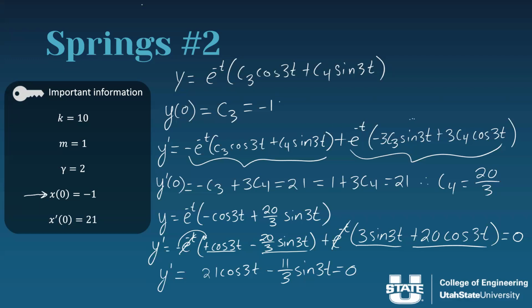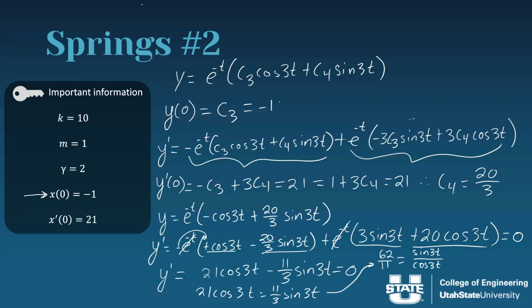So then we get 21 cosine 3t plus or minus 11 thirds sine 3t. So 21 cosine 3t equals 11 thirds sine 3t. So we can do 63 over 11 equals sine 3t over cosine 3t.